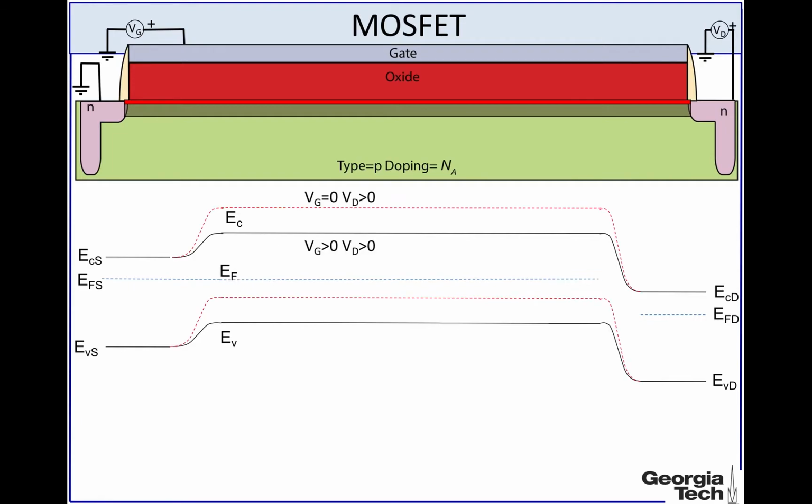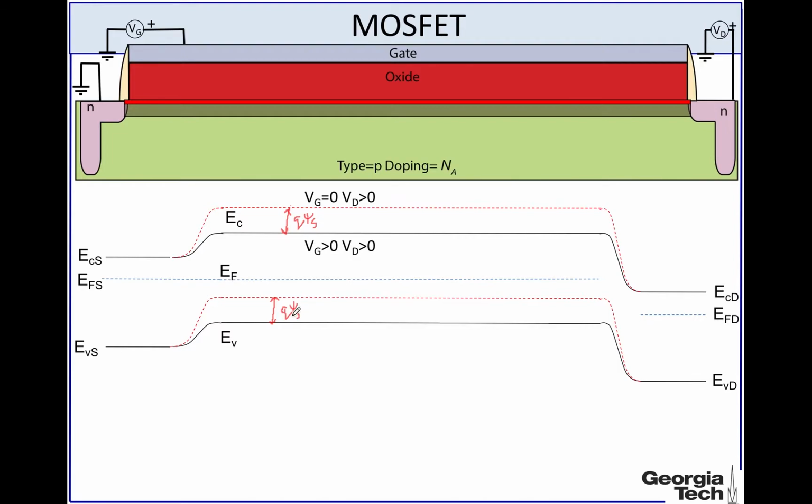All right, for comparison, the red dotted curve is the EC when gate voltage is 0, and the black solid curve is the case when you have a certain gate voltage, and the amount by which the conduction band has gone down is equal to Q psi s, and similarly the amount by which the valence band has gone down is equal to Q psi s.